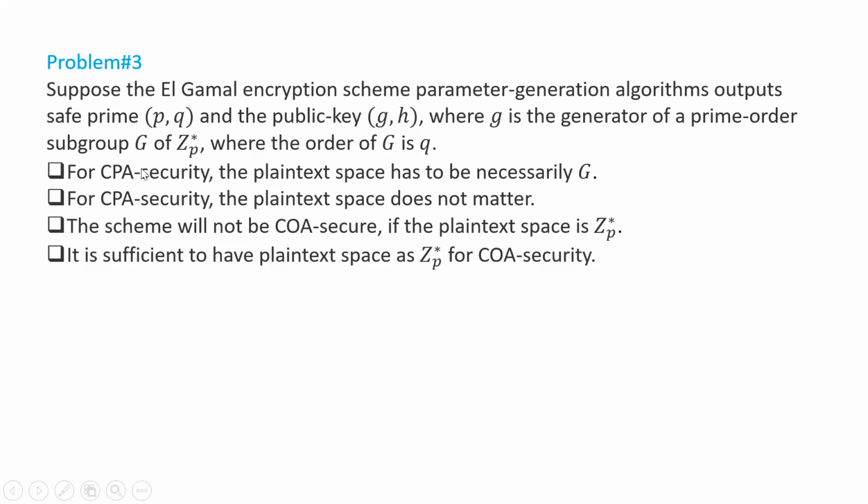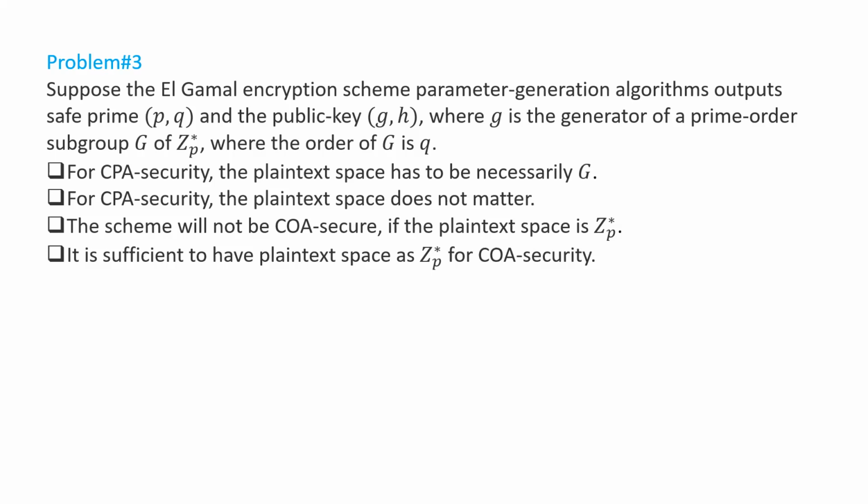The statement given is that for CPA security, the plaintext space has to be necessarily G. This is true actually. For the ElGamal encryption scheme, as we already discussed as a limitation of the Diffie-Hellman key protocol also, the output key is actually a group element, not some uniform random element of the binary space 0, 1 to the power something.